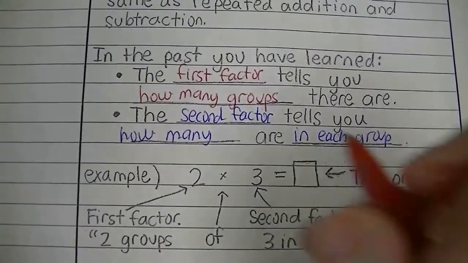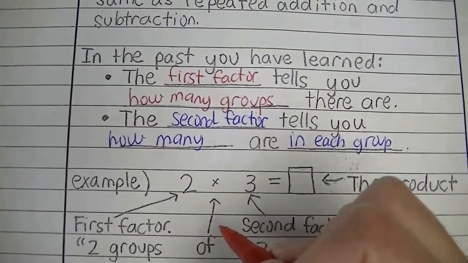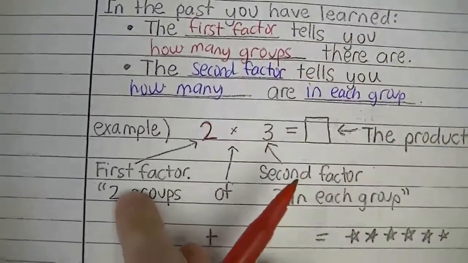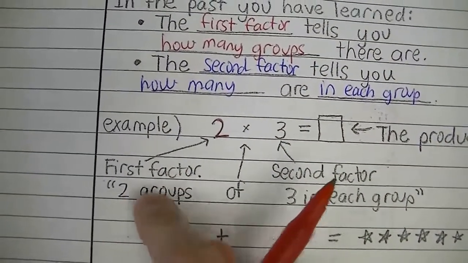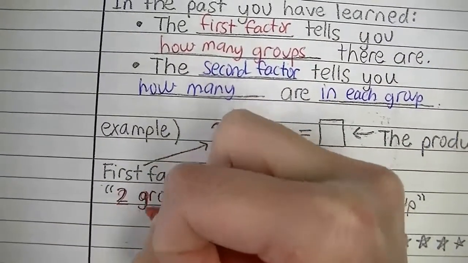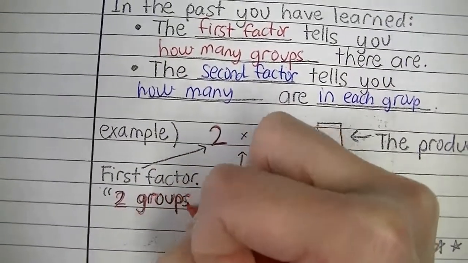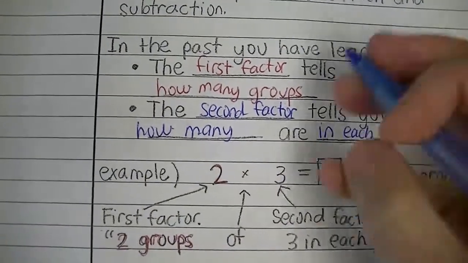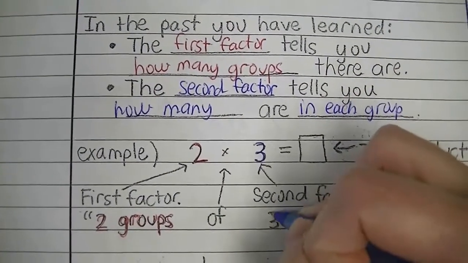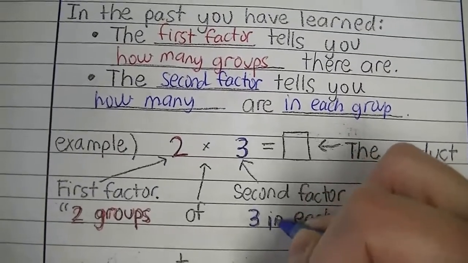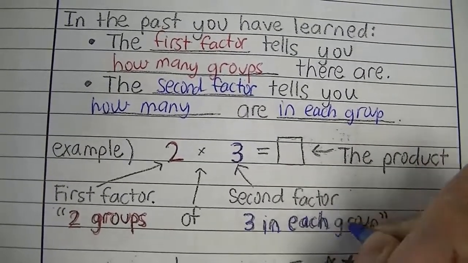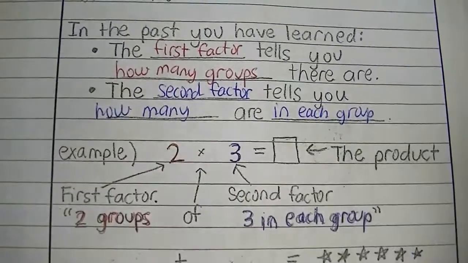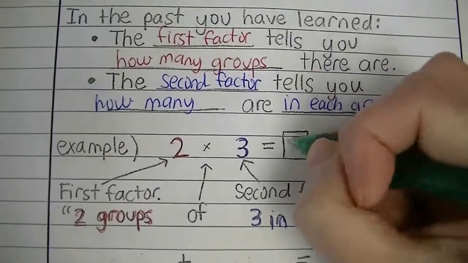So what I mean by that, if you had 2 times 3, that 2 tells you how many groups there are. So this first factor tells you there's 2 groups. Then that second factor tells you that there's going to be 3 in each of those 2 groups. So that would give us a product, which is the answer to our multiplication problem, of 6.